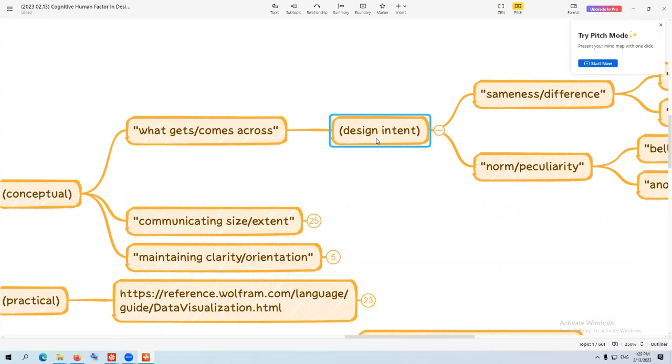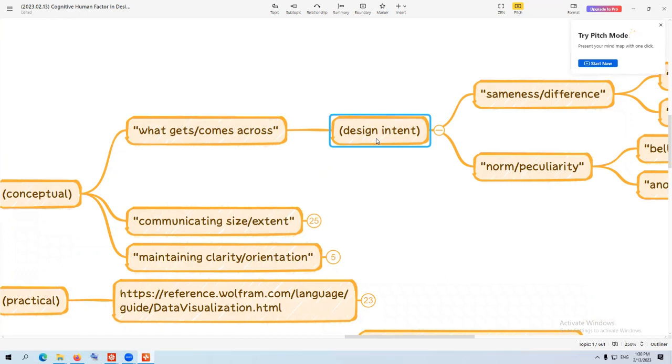So the design intent, roughly, and I'm putting this in quotation, is considered along two axes. One is, do you want to communicate sameness or difference? Are you highlighting that everybody's the same or everybody's different? Notice this sameness and difference underlies most messages, and this is not only about visualization. If I want humanity to be cohesive, with everybody loving one another, I would say that human beings virtually share all the genomes.